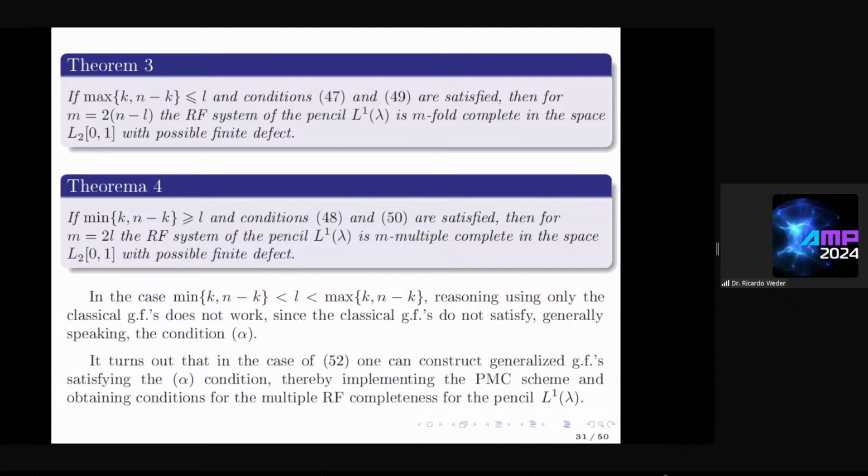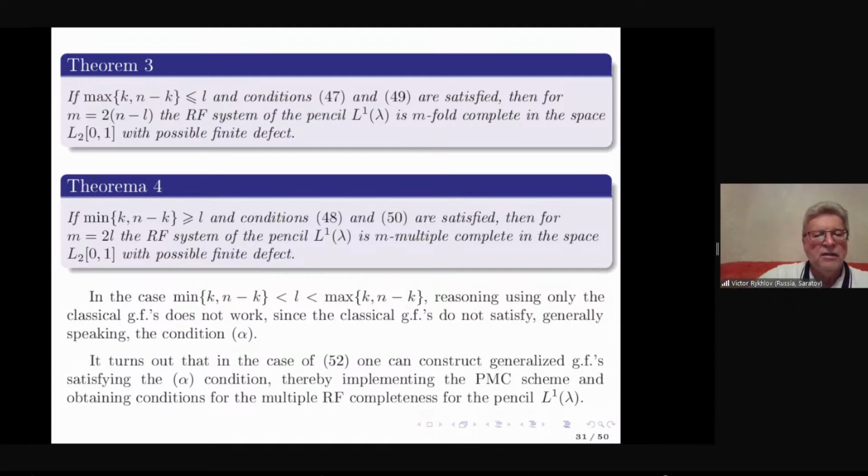Theorem 4. If the minimum of k and n minus k is greater than or equal to l, and conditions 48 and 50 are satisfied, then for m equals l, the root function system of the pencil L1 of lambda is m-fold complete in the space L2(0,1) with possible finite defect.